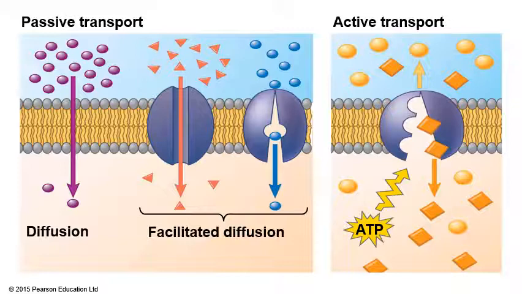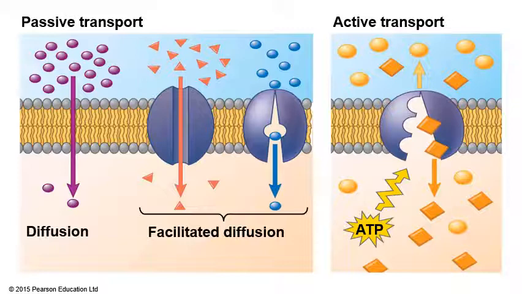This is showing you some differences between passive transport and active transport. Passive transport is driven by diffusion. Sometimes molecules pass directly through the phospholipid bilayer or through a channel protein or carrier protein, but still from higher concentration to low concentration by diffusion.